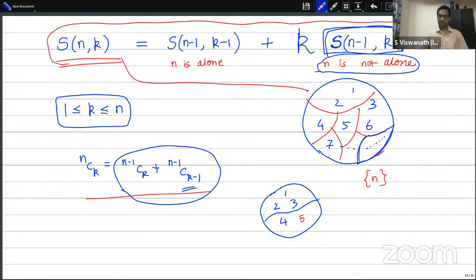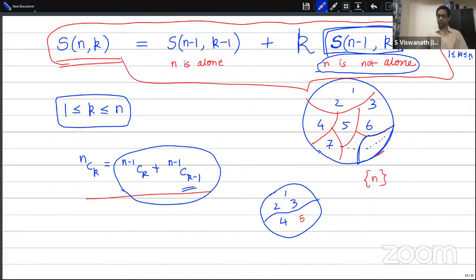Okay, but having gotten this, that this is really the recurrence, now what one can do is solve this recurrence in much the same way that we solved the earlier ones. So this is true for all n greater than or equal to 1, and for all k between 1 and n.